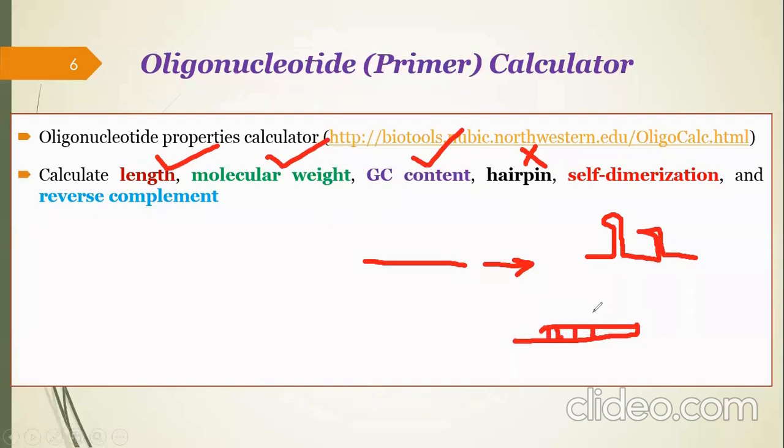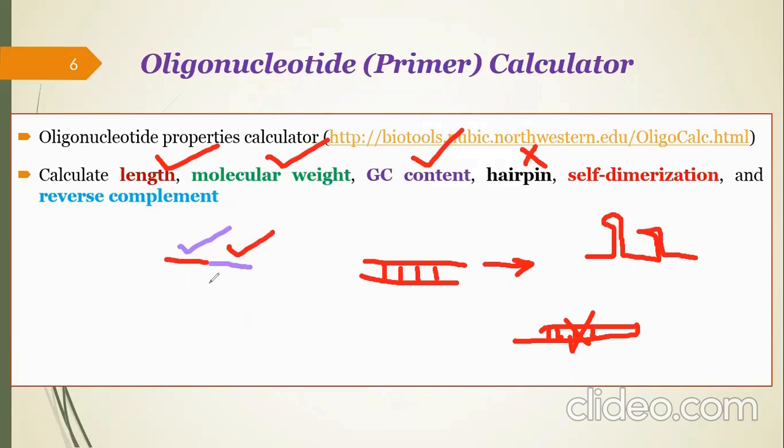Sorry, it's not like that. This is the hairpin. Like if we have a primer and it dimerizes with another primer, with the same primer, how it dimerizes is just like this. If we have a primer and this region is complementary to this region, what will happen?